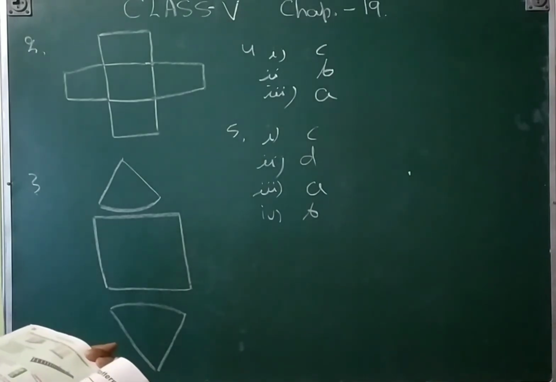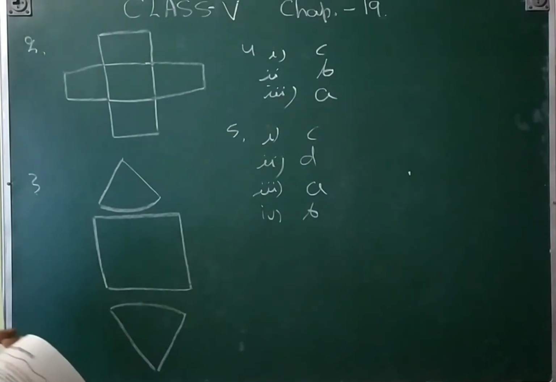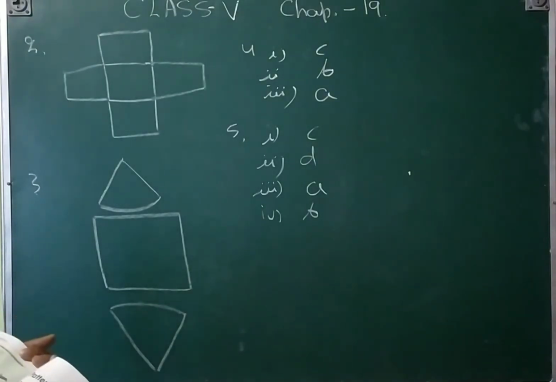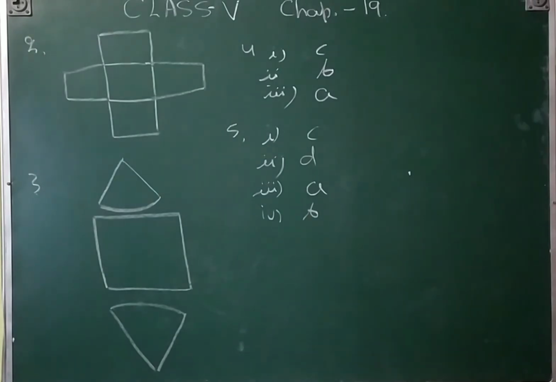You have seen the Ludo die, when you add opposite surfaces, it becomes 7. That means if on one face there is a 2, then on the opposite face there will be 5, obviously. So this is the solid, that is the object.